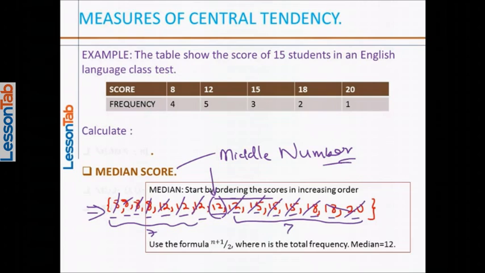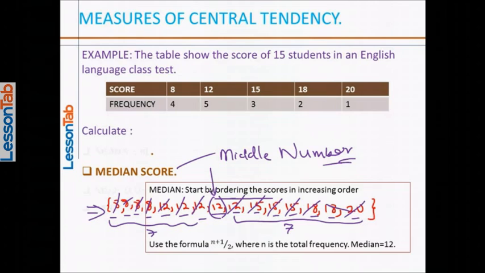Again, we have 7 numbers. Therefore, on the left of the median number and on the right, there is an equal count of numbers. If you understand what I mean.